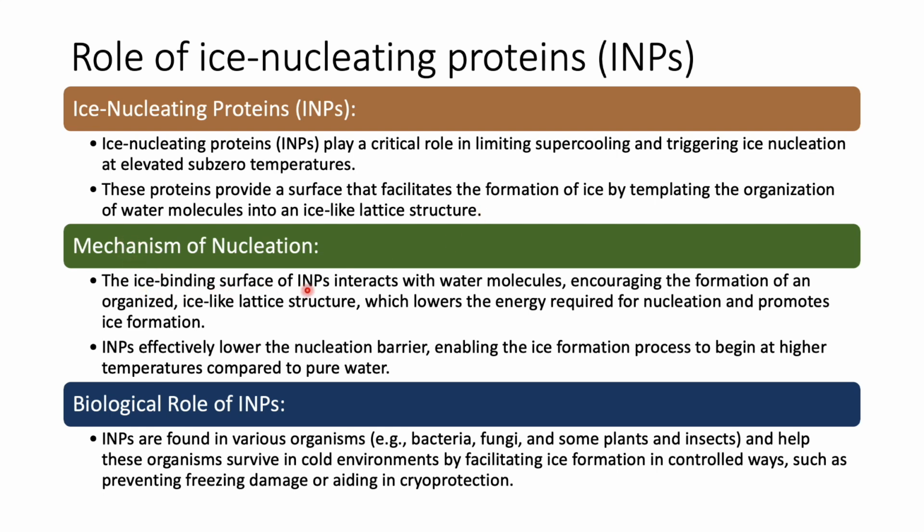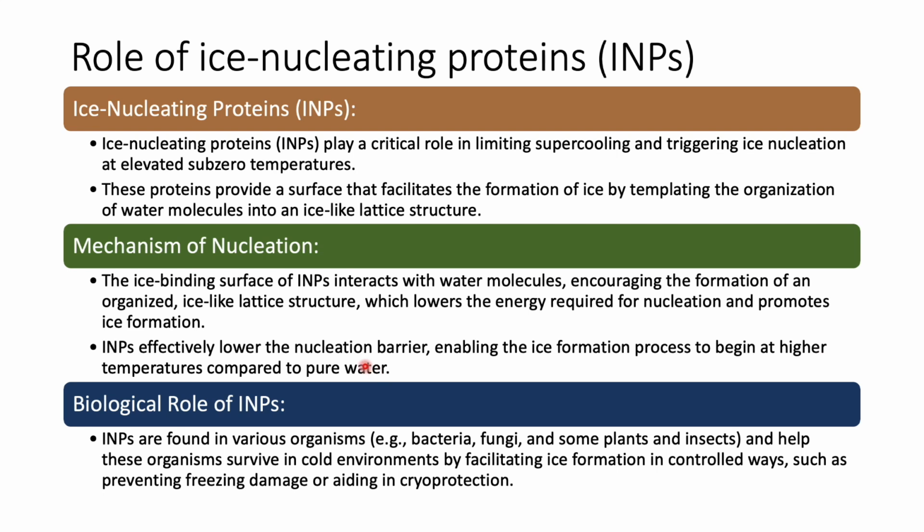The ice binding surface of the ice nucleating proteins interacts with water molecules, encouraging the formation of organized ice-like lattice structures, which lowers the energy required for nucleation and promotes ice formation. These INPs effectively lower the nucleation barrier, enabling the ice formation process to begin at higher temperature compared to pure water.